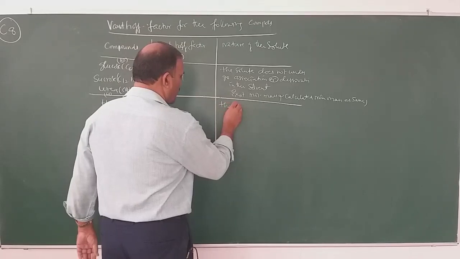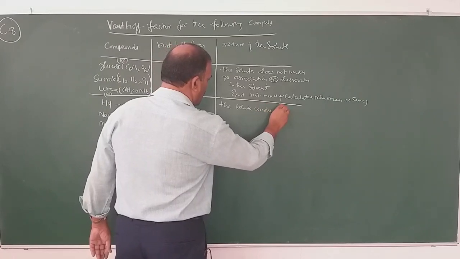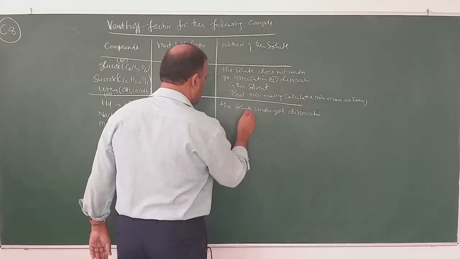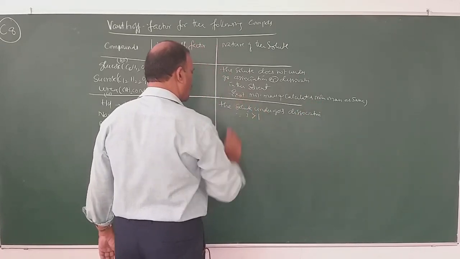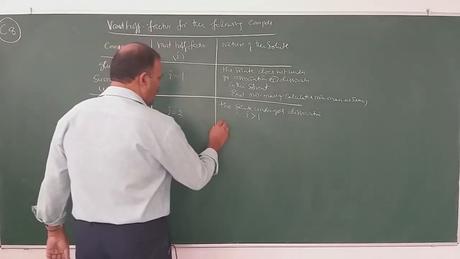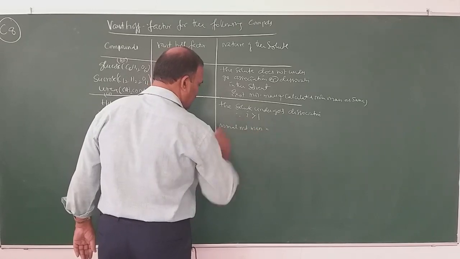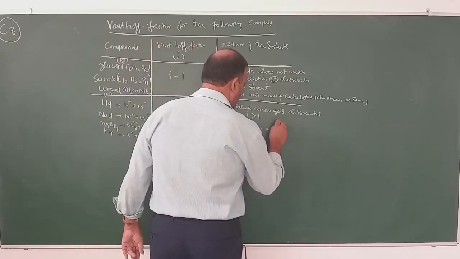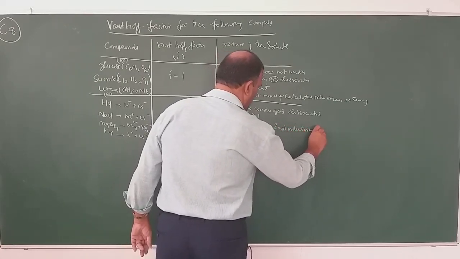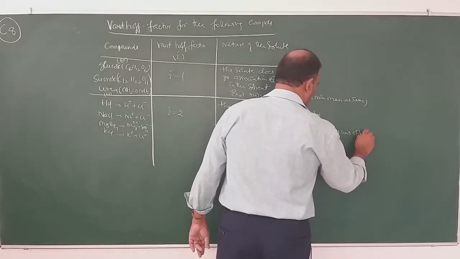So what conclusion will we get? The solute undergoes dissociation because i is greater than 1. So in these cases, normal molecular mass is equal to observed molecular mass or experimental molecular mass into number of ions obtained.